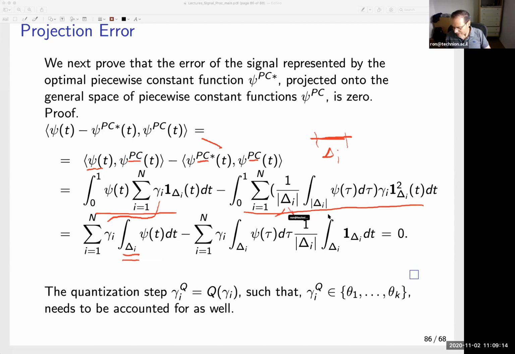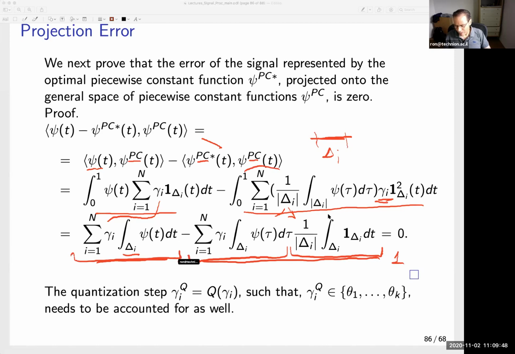But what else can we do? We can take this guy out of the integration, and we can pull the integration inside and split it into deltas. And at the end of the day, we are summing over exactly the same intervals. I mean, the sum over all the deltas of the 1i's would give me basically the whole domain, so this would give me nothing but 1. And then these two parts are basically the same.